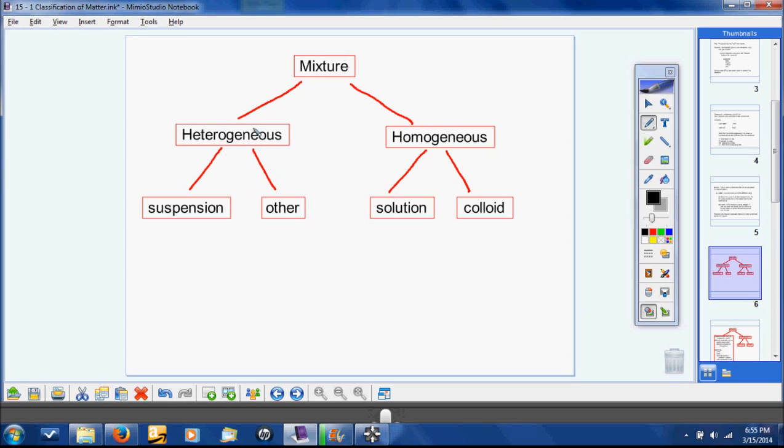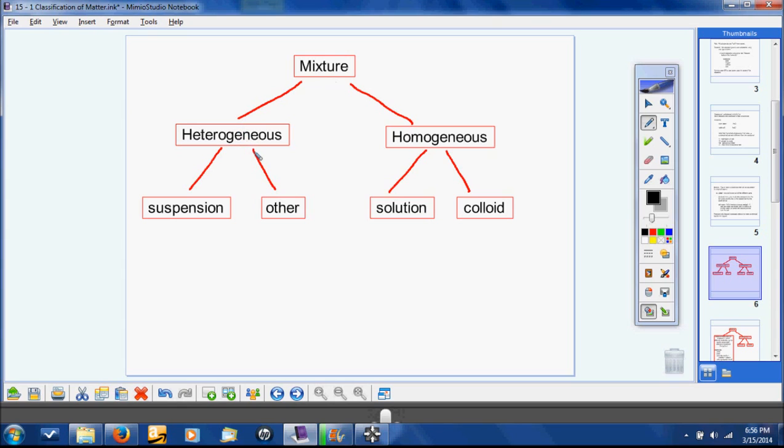So heterogeneous mixtures are chunkier, and homogeneous mixtures appear to be the same throughout. Okay, these have more of an appearance of being different throughout, and these are the same throughout. So that's what those prefixes mean, and then they get attached to these words that apply to mixtures.